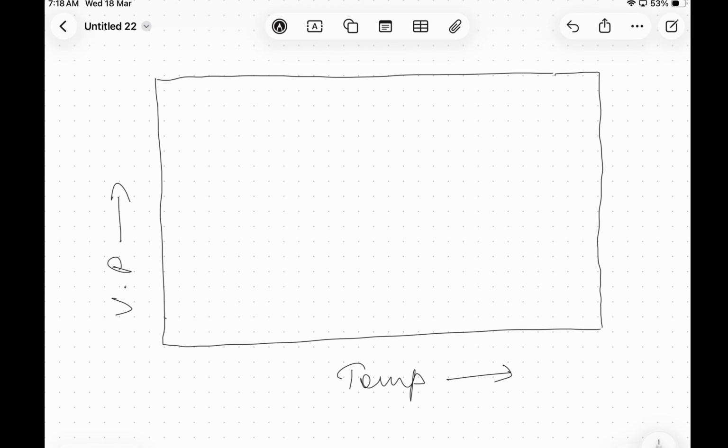Suppose we have taken pure solvent, then by decreasing the temperature, vapor pressure started decreasing. Suppose this is the vapor pressure of solid, and this is point B, and this is point C.